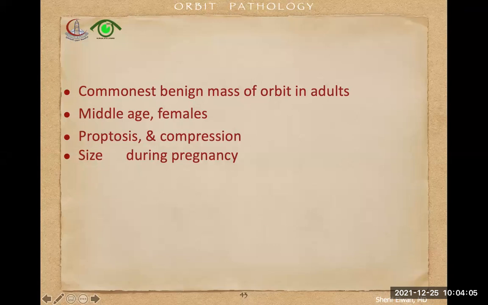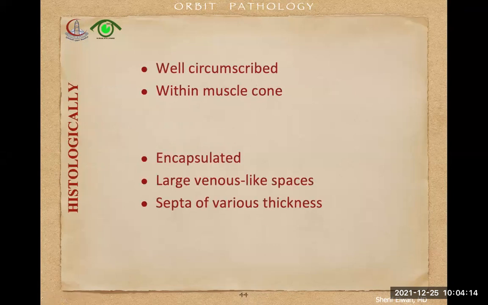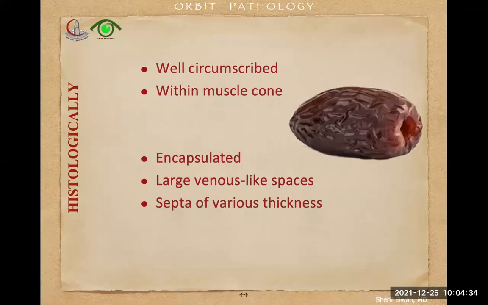It occurs in middle-aged individuals, more in females, causing proptosis and compression, and the size usually increases during pregnancy. It's well circumscribed within the muscle cone, has a very well delineated capsule, encapsulated, has large venous-like spaces, venous because no muscle around, not arterial, with septa of various thickness.